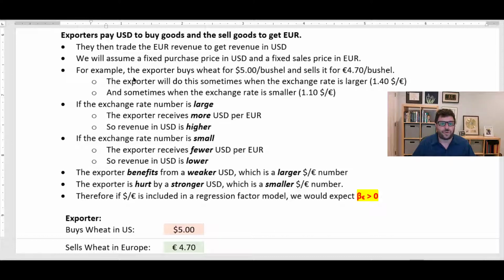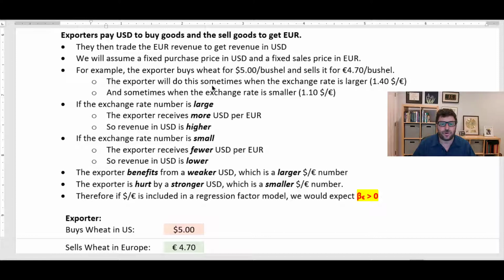So we will assume a fixed purchase price in US dollars and a fixed sale price in euros. We don't have to, it just makes it more complicated. Let's assume that an exporter buys a bushel of wheat for $5 US and then sells it for 4.70 euros per bushel. So this is the fixed purchase price, this is the fixed sale price. The idea is they're going to buy wheat in dollars, sell it in euros, and then convert those euros back to dollars and compare to the purchase price to figure out their profit.